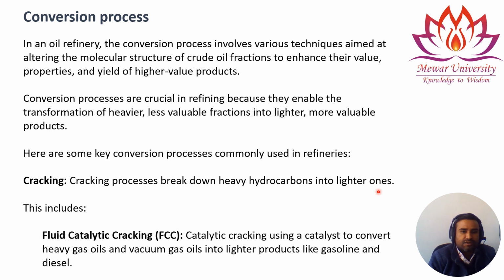These are the valuable products in the refinery. Gasoline is basically your petrol that you use in your bikes or cars, and diesel is the fuel for heavy vehicles like trucks and buses, etc.